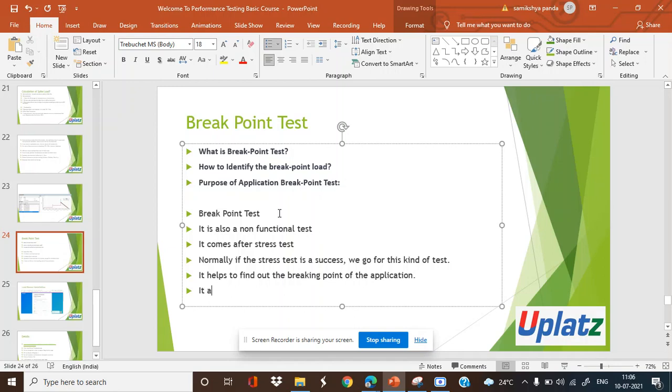It also helps to identify the maximum user capacity of the application.